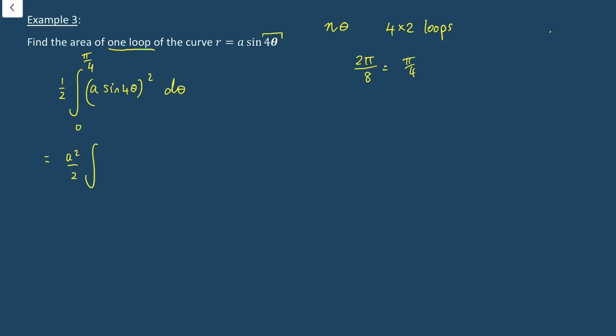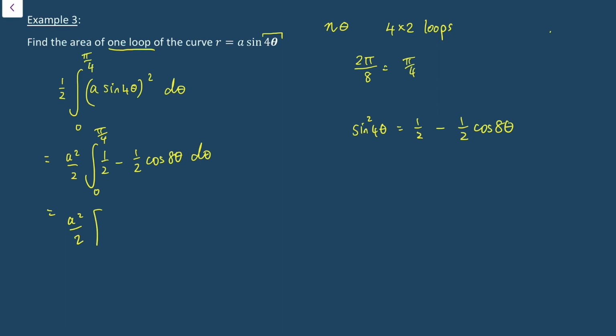And I'm also going to rewrite sine squared 4 theta as a half minus 1/2 cos of 8 theta. Sorry, that's obviously sine squared 4 theta. And that's what I get, a half minus a half cos 8 theta. Okay, so I can add this here. And then I'm going to do my integration.